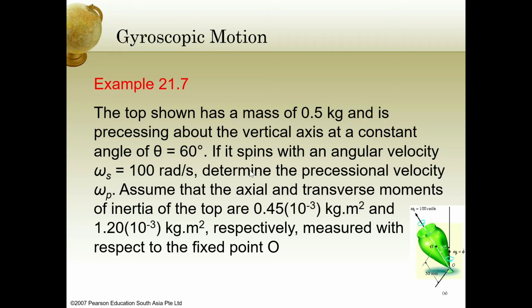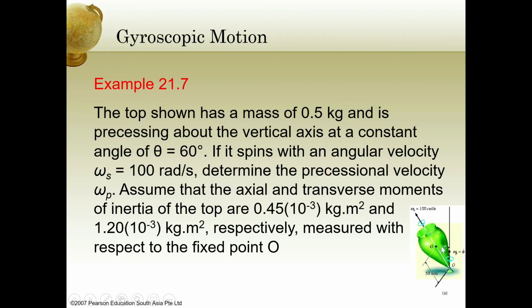Axial moment of inertia is the one that we measure from the spin axis, while transverse moment of inertia is the one that we measure from the x-axis, which is not shown in this diagram, and also the y-axis. Both are 90 degrees apart from the z-axis right here.